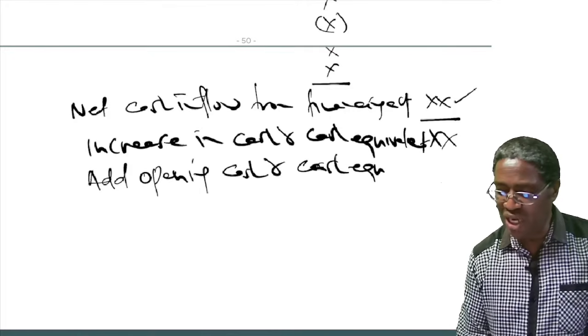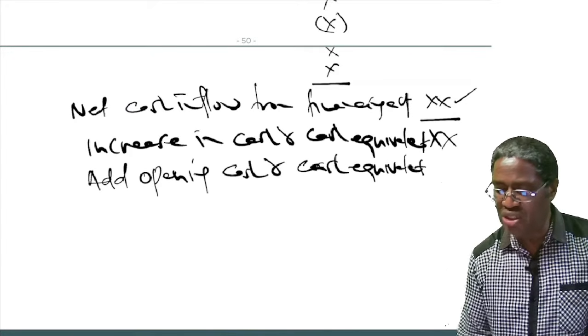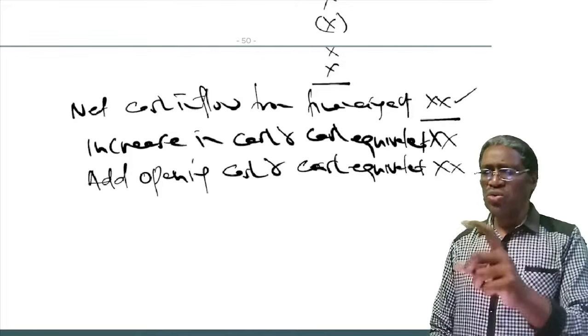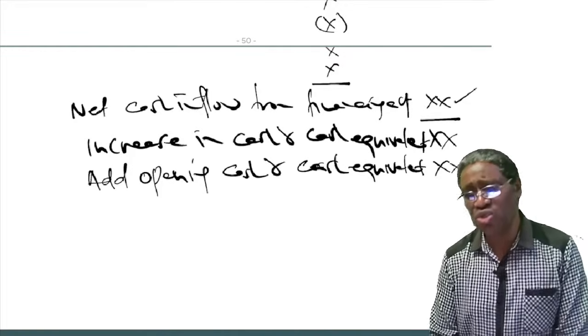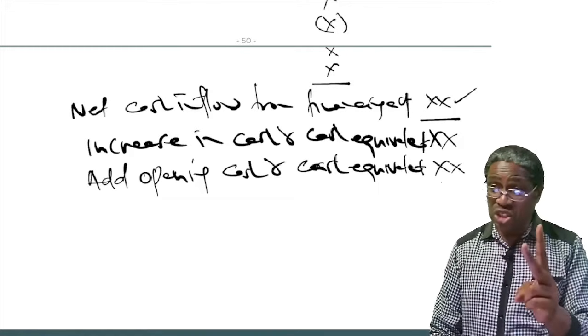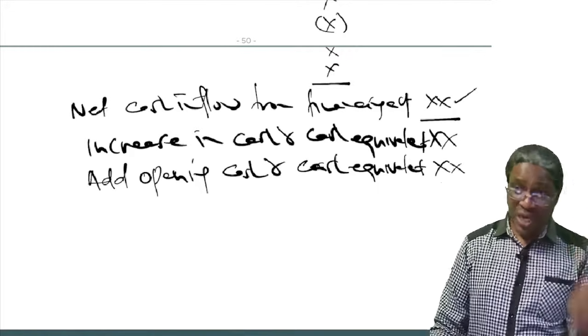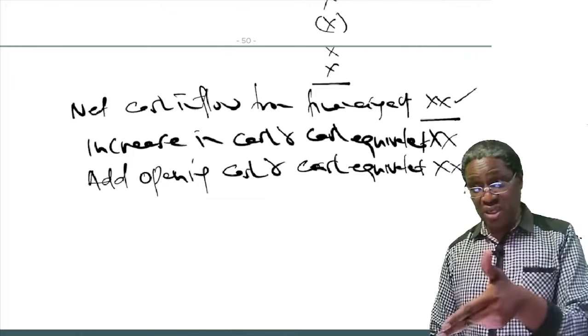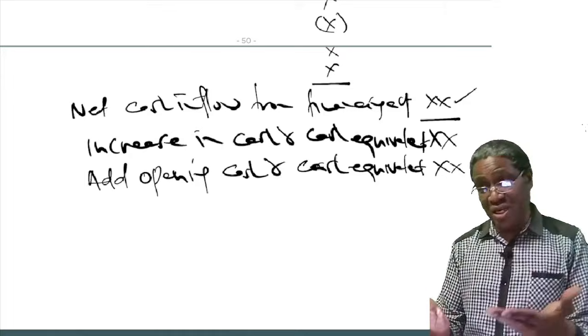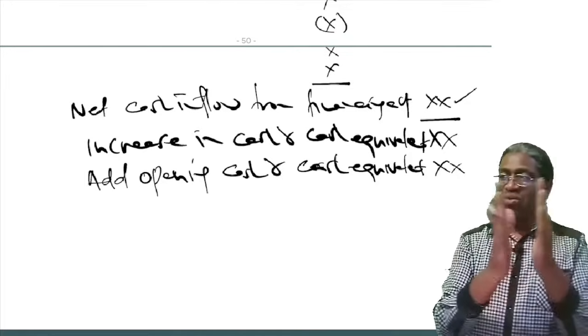You had to come and add what you call opening cash and cash equivalent. Listen, you all know that whenever you're given a question on cash flow, the examiner will give you the balance sheet for 2 years, one for last year and one for this year. So he'll give you two statements of financial position, one for last year and one for this year.